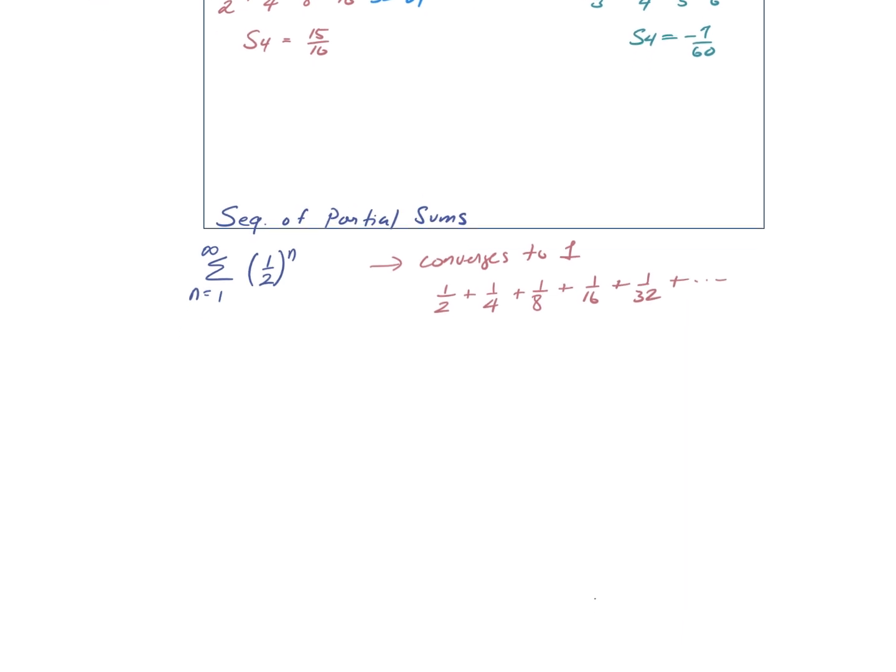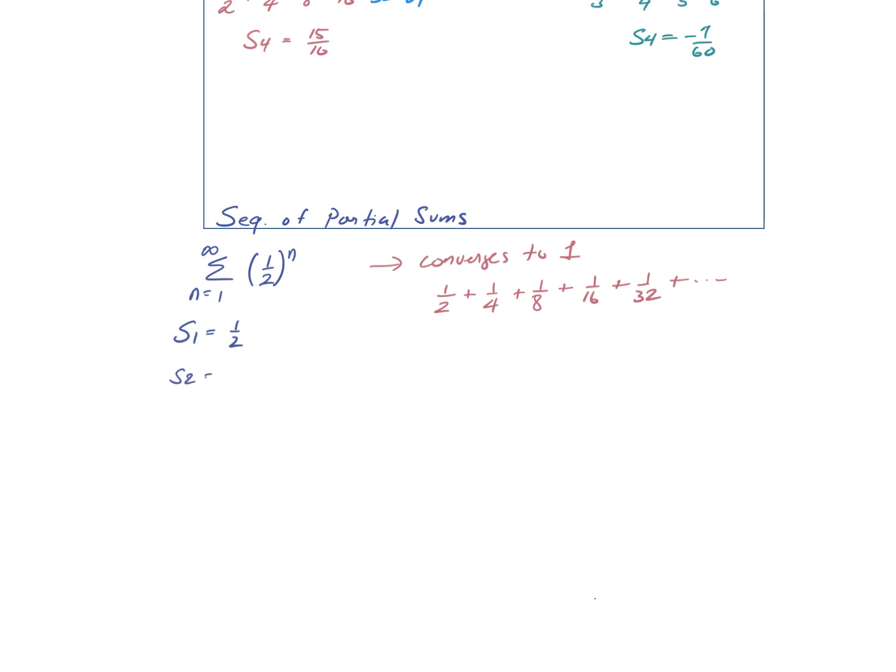So let's see how we can use a sequence of partial sums. What you're going to do is come up with a formula, a new a sub n that represents the sums, not the terms, but the sums. How are we going to do that? Start listing out the terms. S sub 1 would be 1/2.